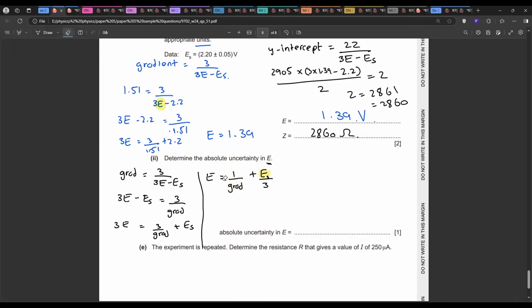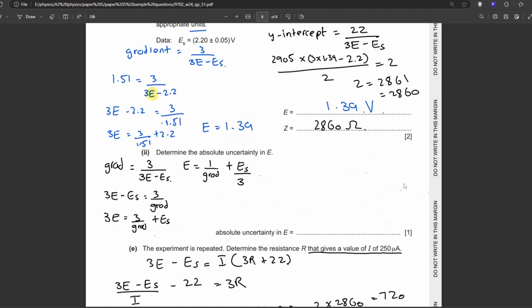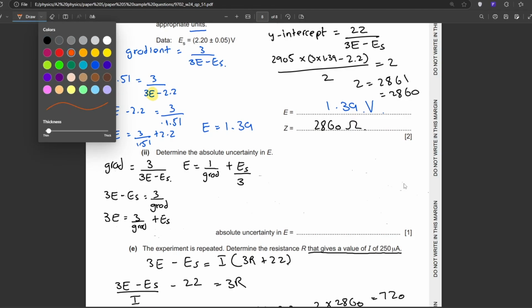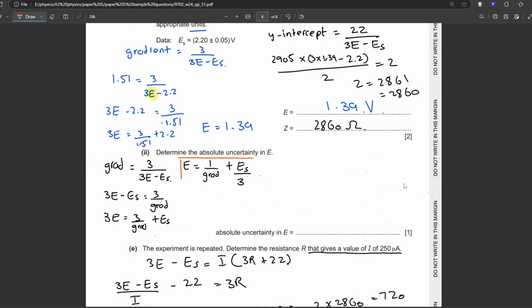So basically, if you have to calculate the absolute uncertainty in E, the best way is by first of all rearranging the equation to make E the subject, like this. Gradient is equal to 3 divided by 3E minus ES. You multiply it to the right hand side. Rearrange the equation. E is your subject here.